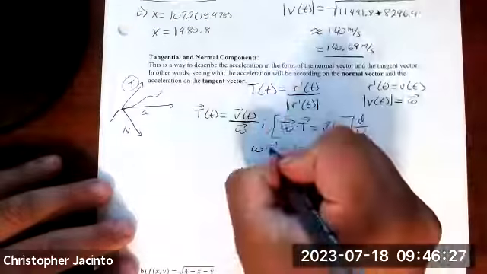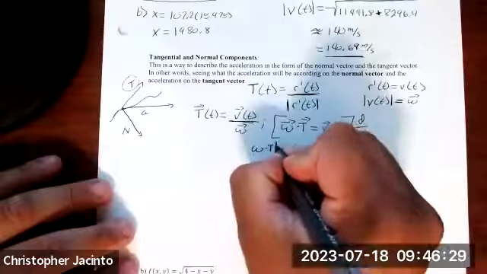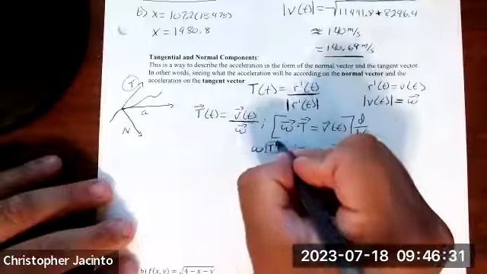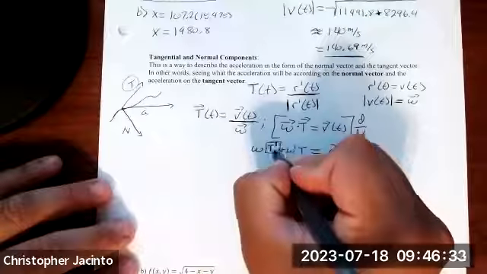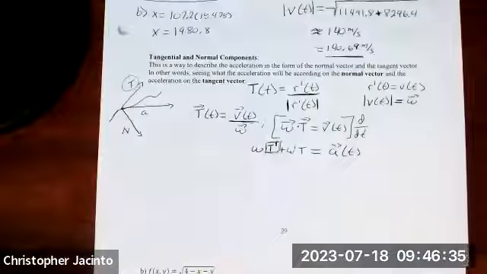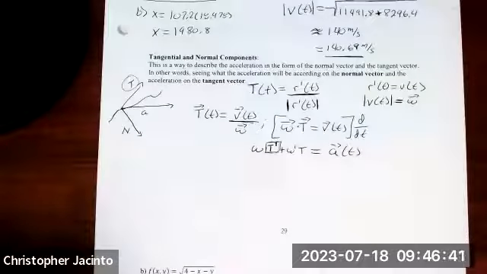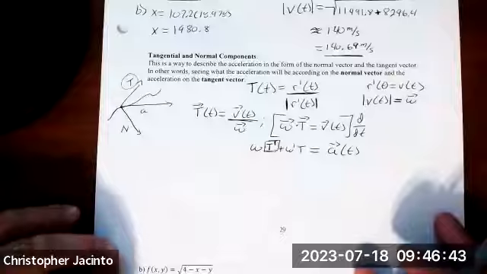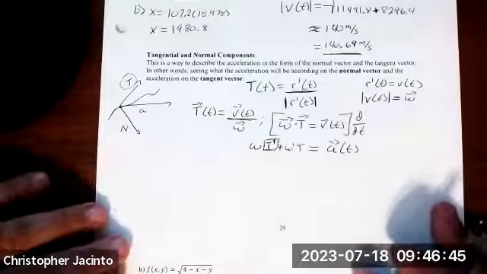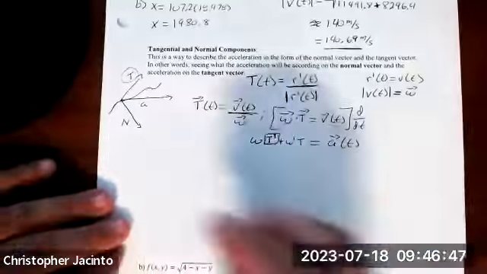Okay. All right, so we have something nice, but we have a problem. I don't know what T prime is. But we have an equation that has T prime in it.